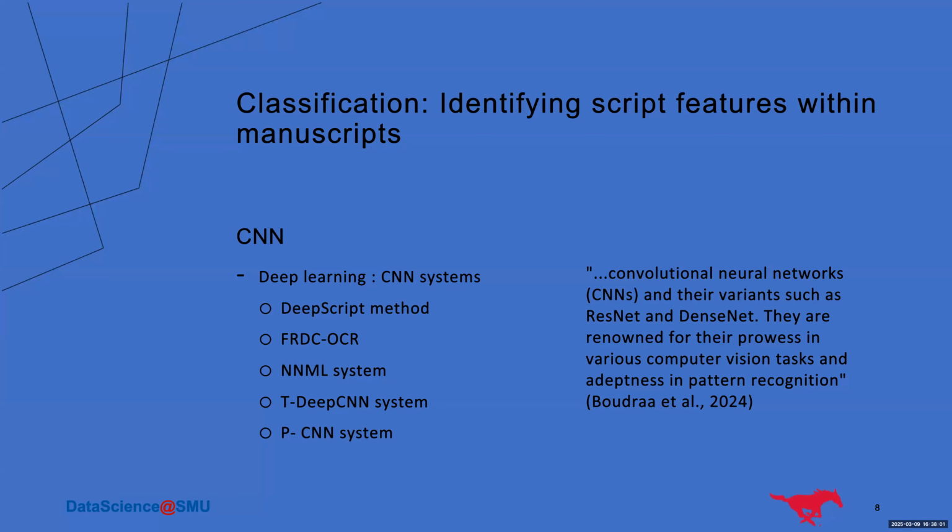And so when we were looking at what models to use for classification, we looked at CNNs functionally because the way that handwriting works is that it's not standardized in the way modern typescript is. There's a lot of variance in the way that the person wrote it, the tools that they used.